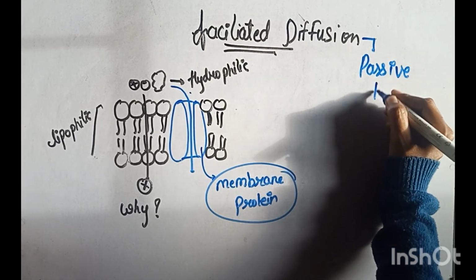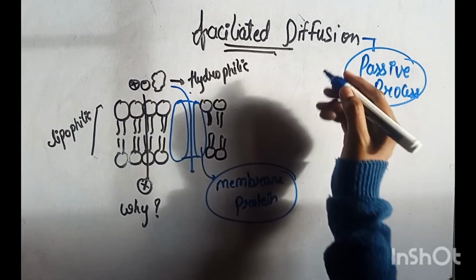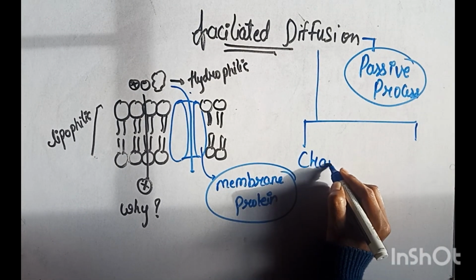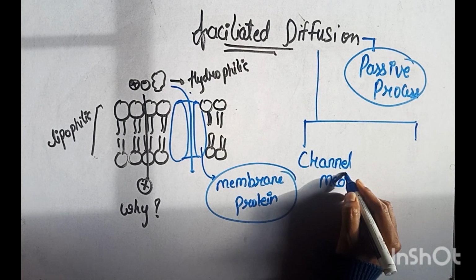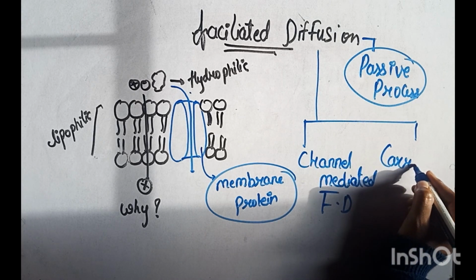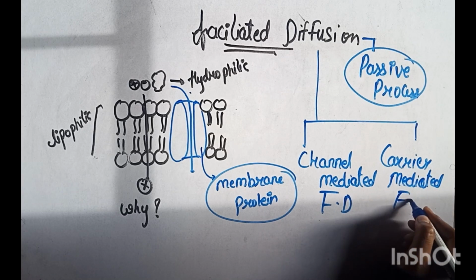Facilitated diffusion is a passive process where substances move from high concentration to low concentration. There are two types: channel mediated facilitated diffusion and carrier mediated facilitated diffusion. We will discuss them one by one in detail.